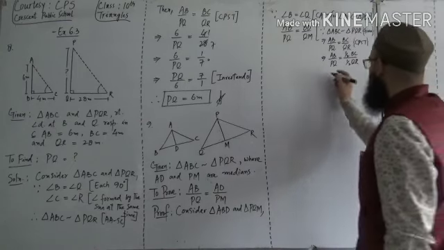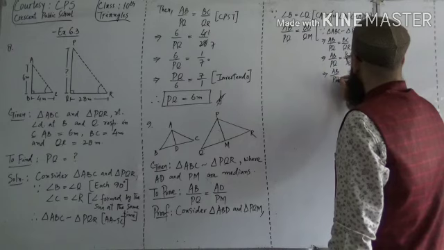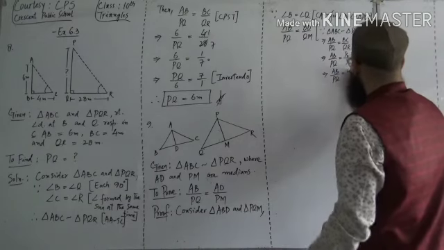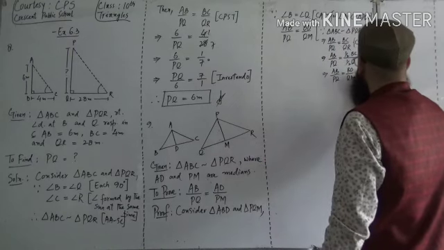Yes, we can say that, which implies that AB by PQ is equal to half of BC, which is BD, divided by half of QR, which is QM.